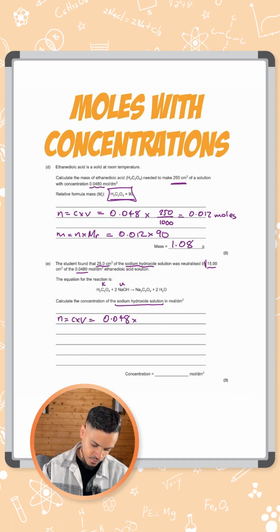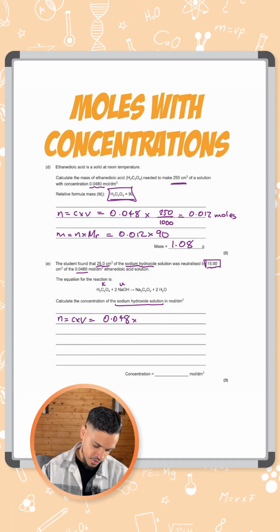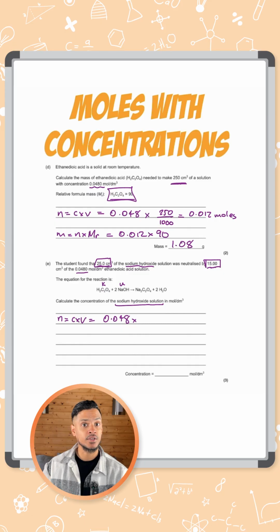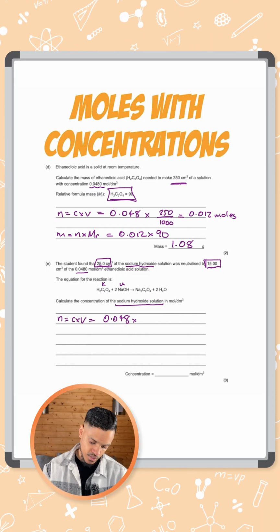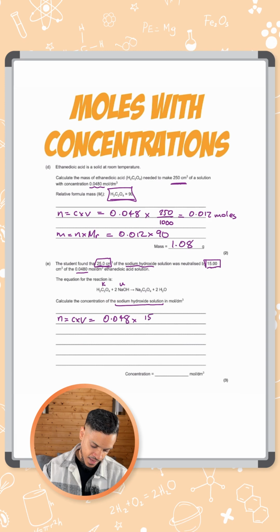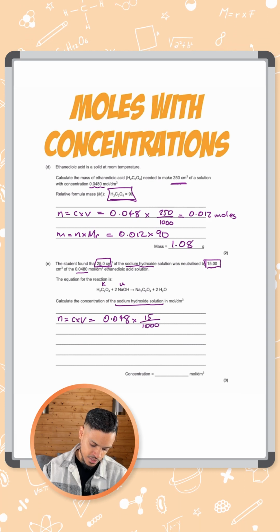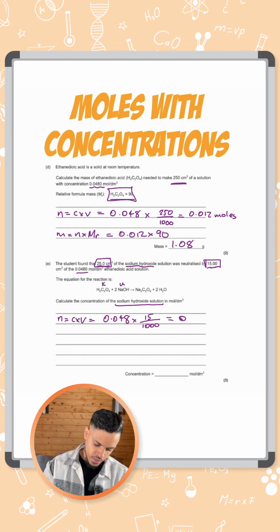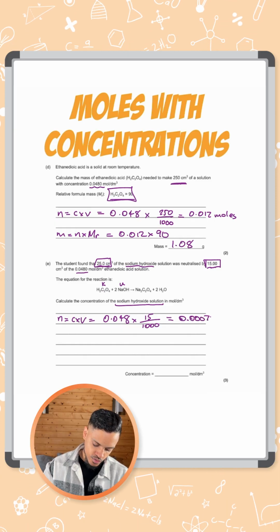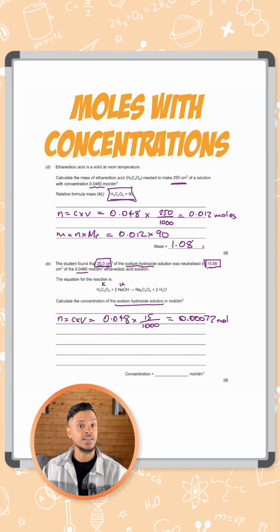Make sure you choose the right volume here. We don't want the volume of sodium hydroxide yet because remember, we're working out the moles of the known, the ethanoic acid. So multiply that by 15 and remember to divide it by 1000 because it needs to be in dm cubed. Doing that gives you 0.00072 moles of the ethanoic acid.